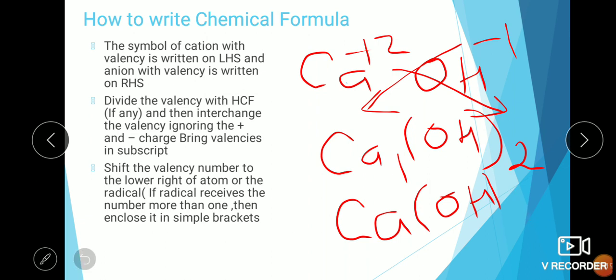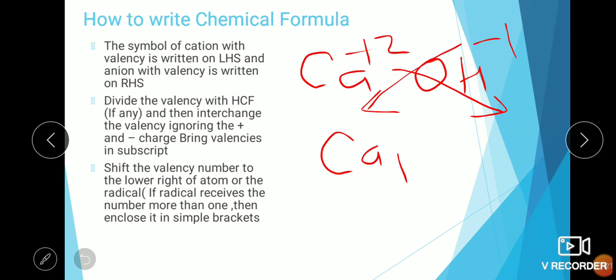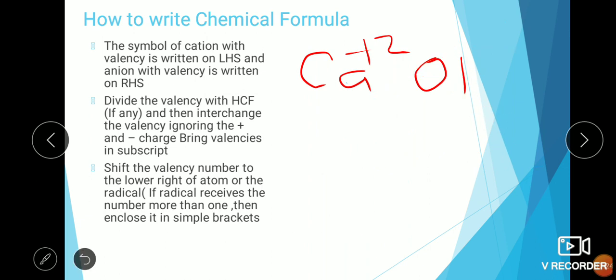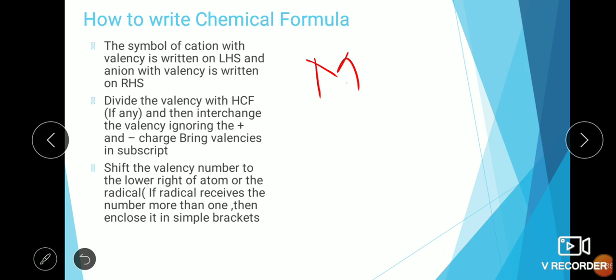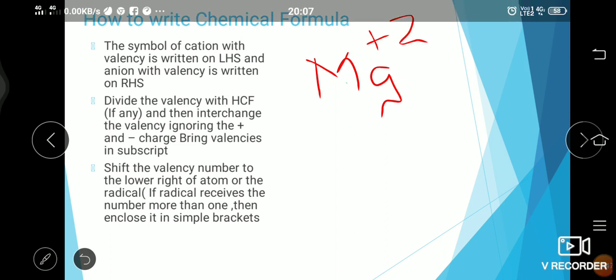Now if you remember, a few moments ago I said that we can cancel the terms if the values are the same. Now let's see an example of magnesium sulfate. We know that magnesium has atomic number 12, electronic configuration 2,8,2, therefore valency is 2, so its radical will be Mg plus 2.